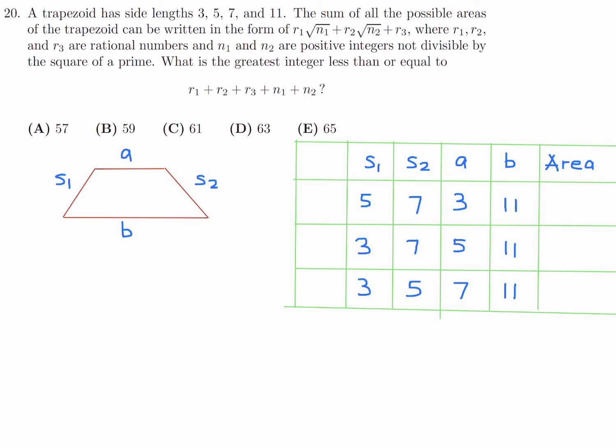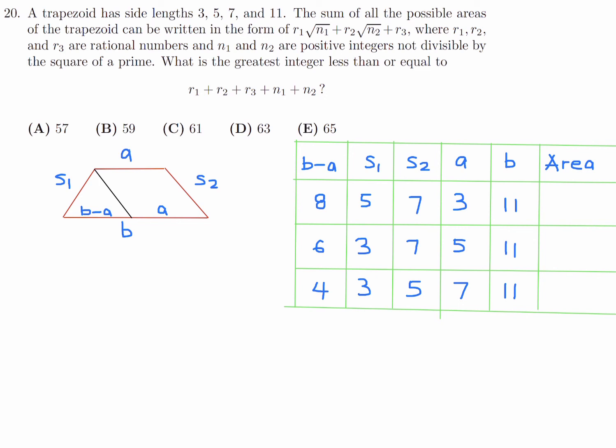The reason I'm doing that is because if I do that and join, it becomes a parallelogram, where the length of this is A. And therefore this distance is B minus A. So I'll put B minus A here. And we can fill that in pretty quickly. This is going to be 8, this is going to be 6, and this will be 4.